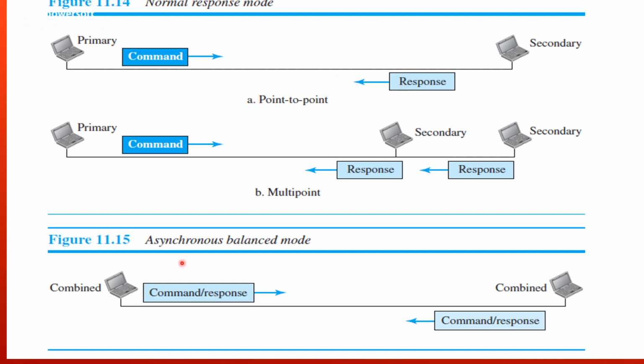The second one is asynchronous balanced mode. Here both the stations can send the commands as well as send the response to the requested commands from the other stations. So here the configuration is a balanced one. This type of configuration is used nowadays.